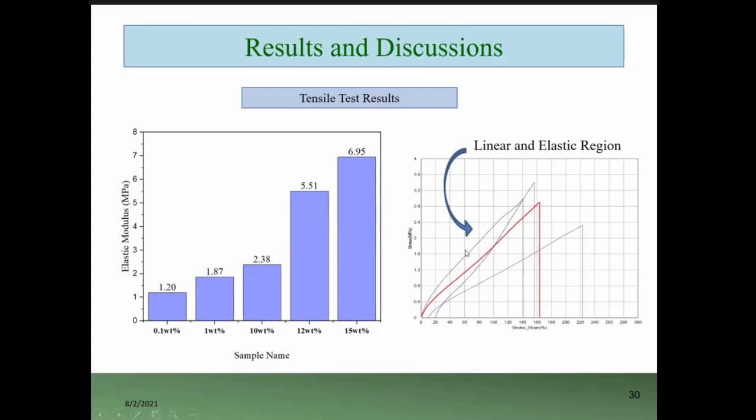Another thing found was that the stress versus strain curves generated from the tensile test were all giving their response in the linear region. And this is indicating that my sample is elastic.